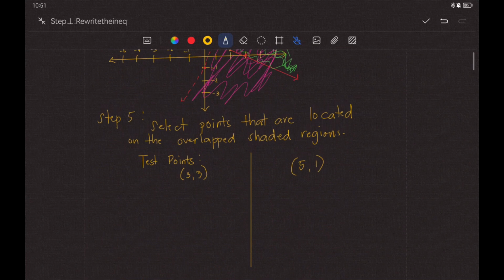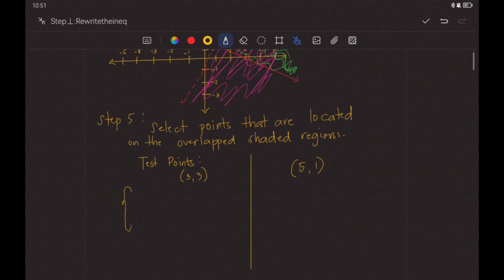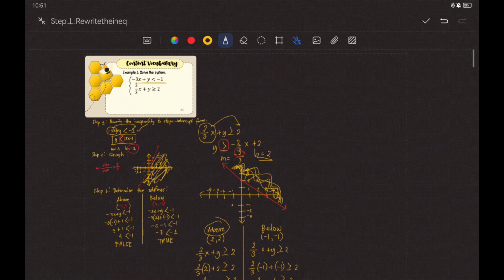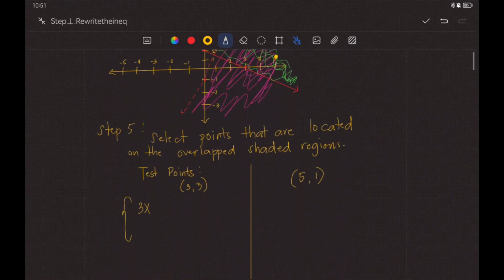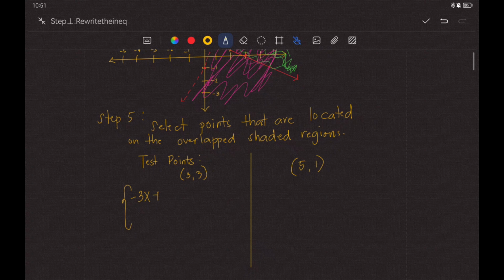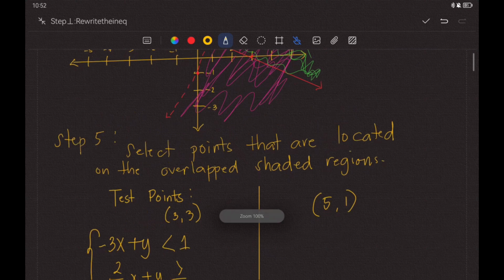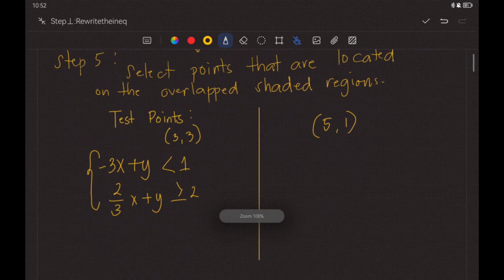So we have here negative 3x plus y is less than 1, and 2/3 x plus y is greater than or equal to 2.